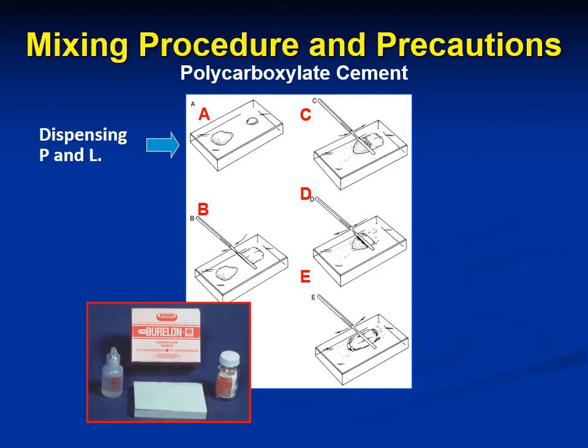How can we extend the working time with the polycarboxylate cement? Not by cooling the glass slab, but by cooling only the powder of the material, not the liquid, because if we cool the liquid, it will thicken and give difficult mixing and inferior properties.